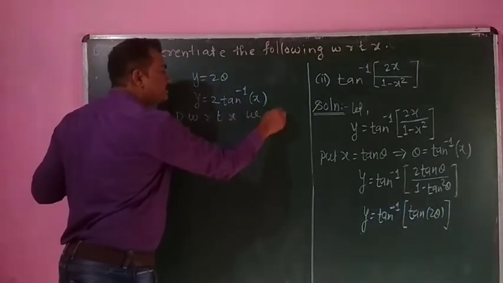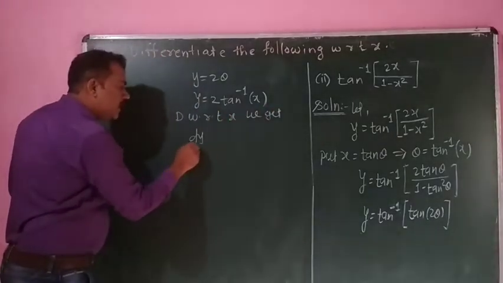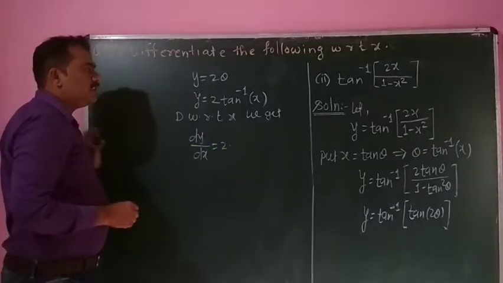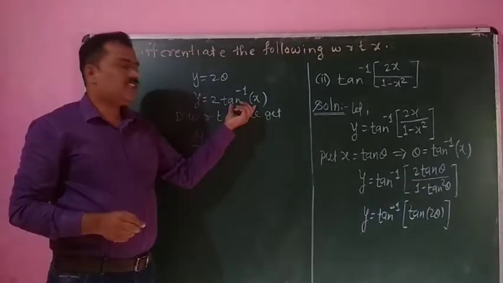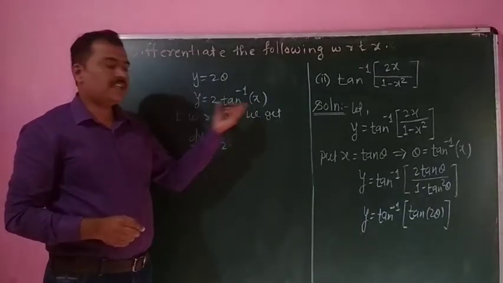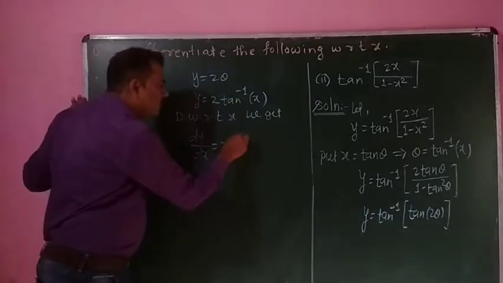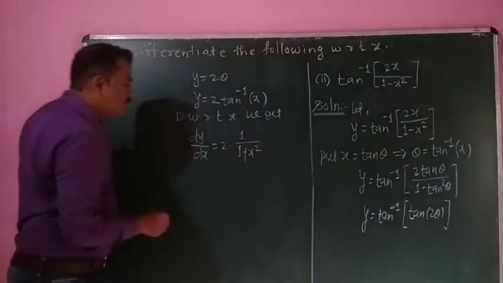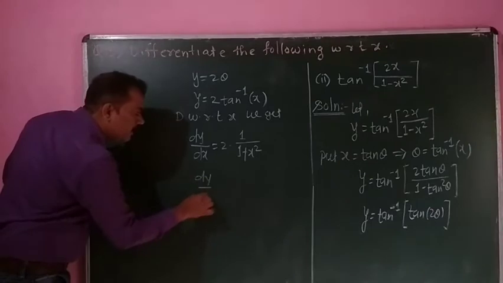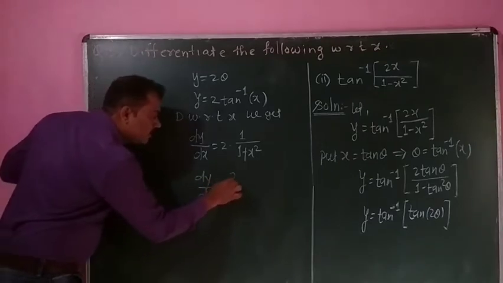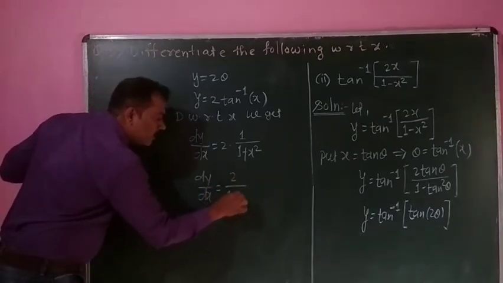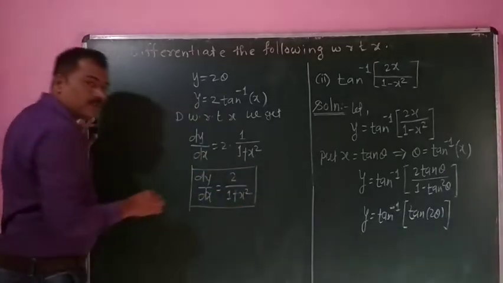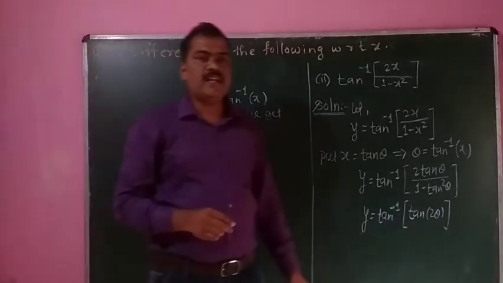We get dy by dx is equal to 2 into the derivative of tan inverse of x, which is 1 upon 1 plus x square. So dy by dx is equal to 2 divided by 1 plus x square, which is the required answer.